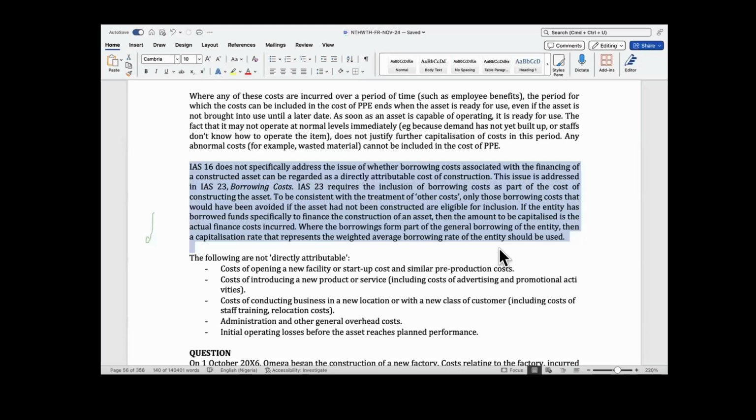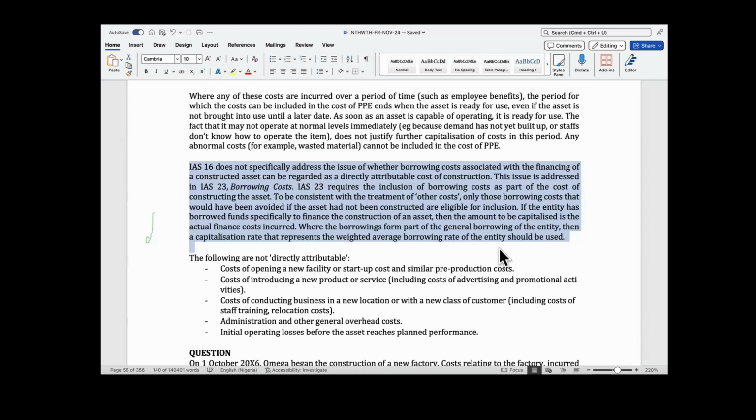You add it as part of the cost of your asset. So take note of that. Even though it's not covered in this standard, IAS 16 didn't mention it, I will still teach you in IAS 23. I just quickly want to chip it in now so that in case you are solving a question and you see it, know that you should capitalize it.